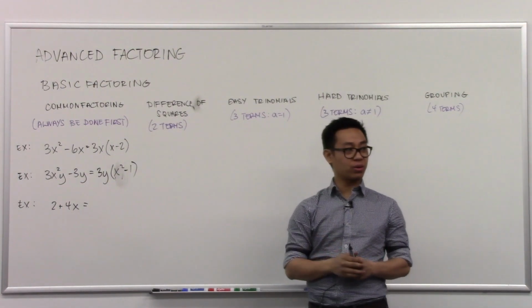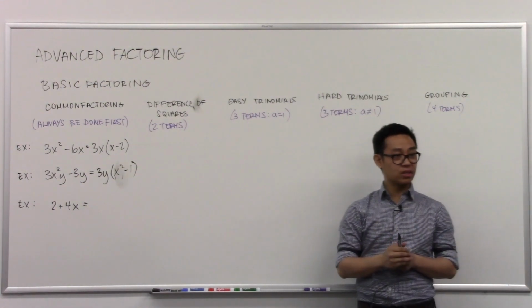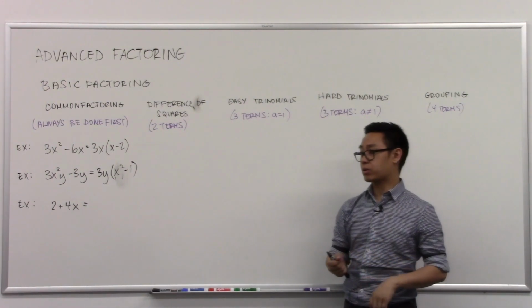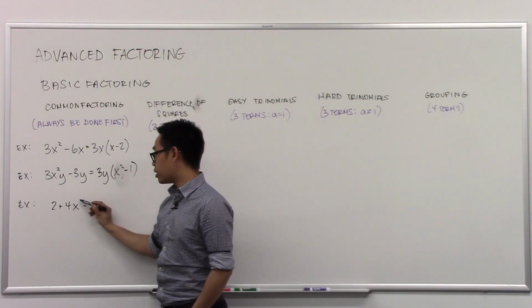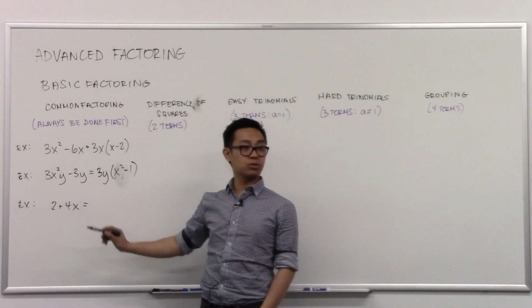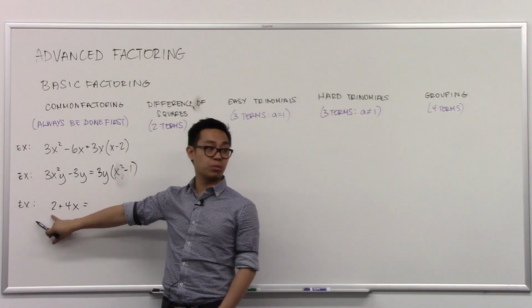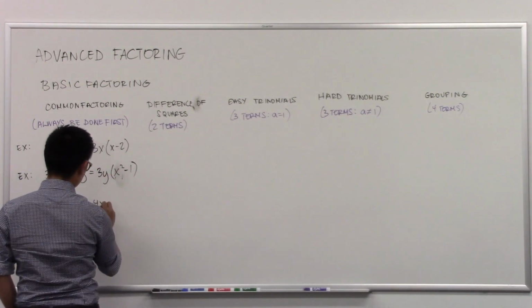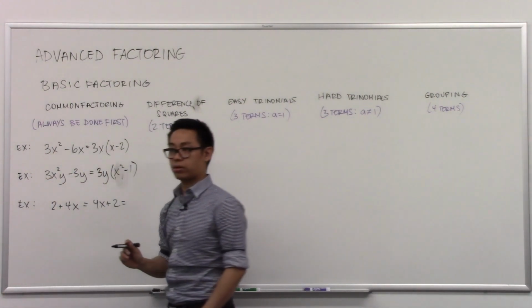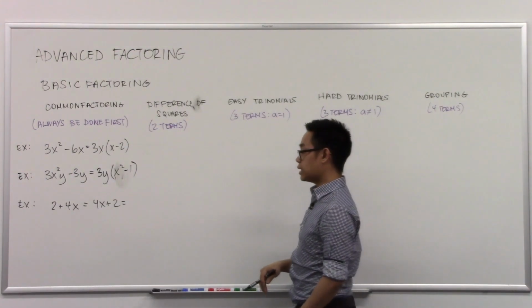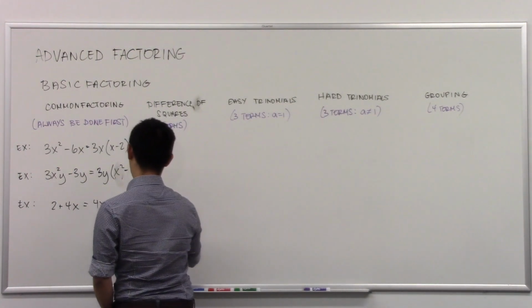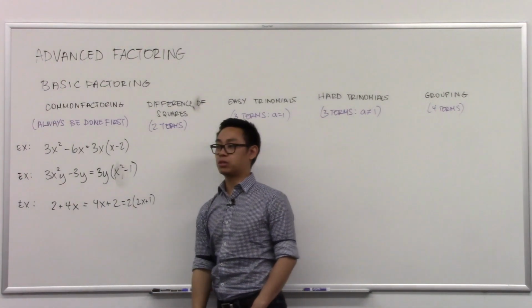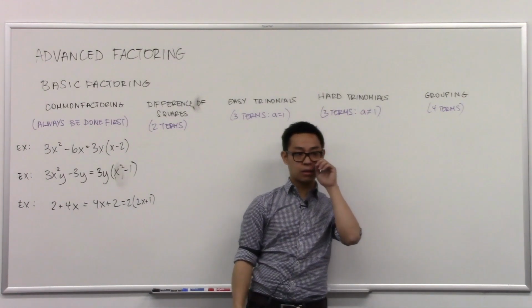It's not in the correct order. Before you factor, the first step is actually not to common factor first. It's actually to put it in descending order. So this has a degree of 1 because the exponent on the variable is 1. This has no exponents, or no variables, I should say. So it should be 4x plus 2. It needs to be in the correct order. Then you can common factor a 2 out. And you're left with 2x plus 1. You have to remember that plus 1. Okay?